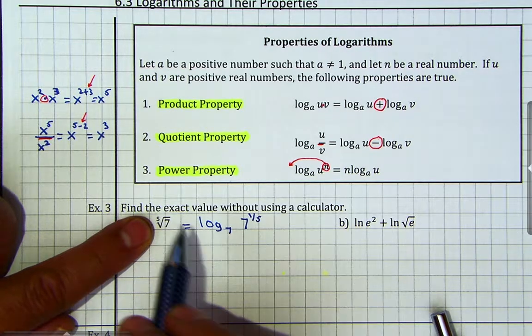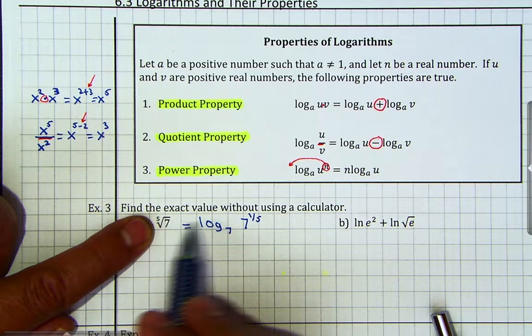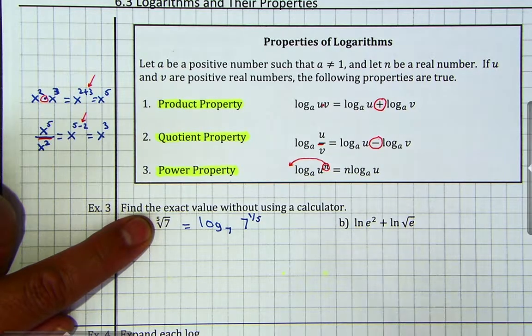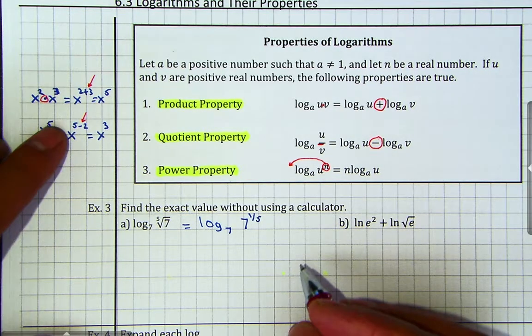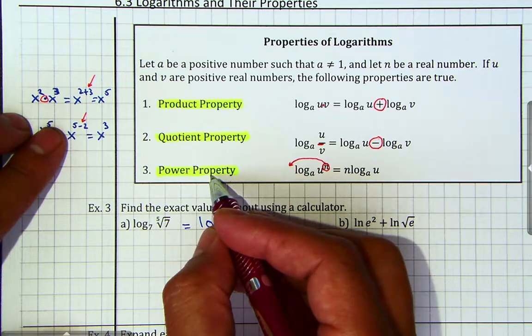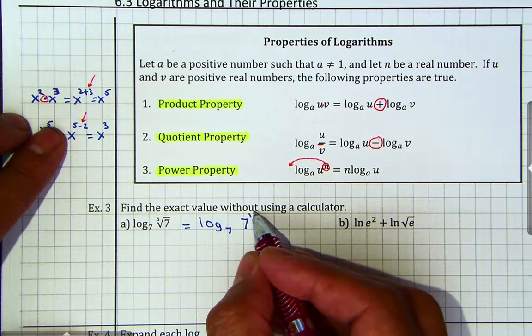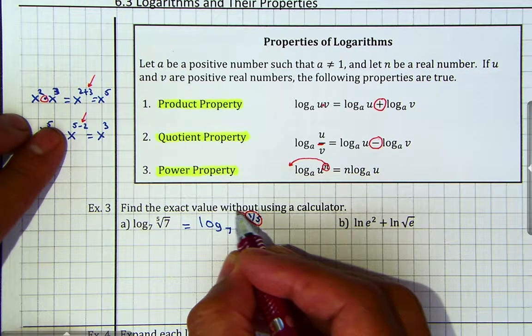So you want to be able to get used to writing radicals as exponents, just like you covered last year. And last thing, I want to use the power property that tells me I can move my exponent, and it can become the coefficient.